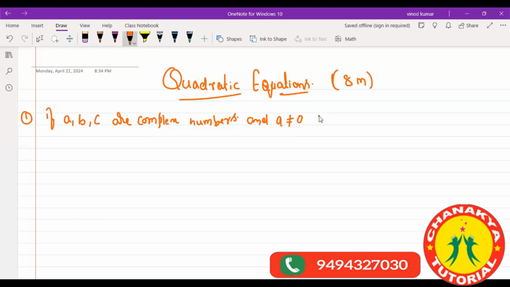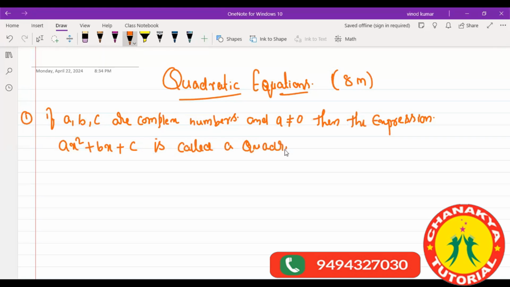Then the expression ax square plus bx plus c is called a quadratic expression.